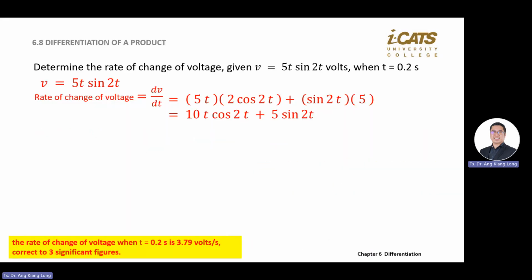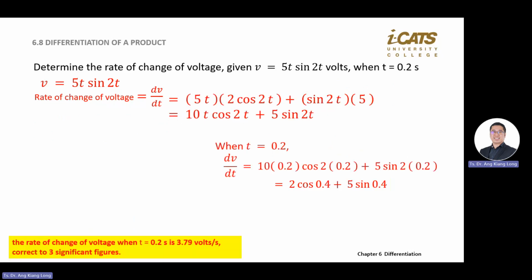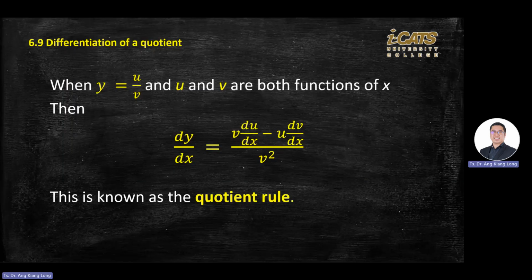Just now it was u dv dx plus, but if you divide, you have to take the v first, and you minus it: v du dx minus u dv dx, divided by v squared. V means the second function, you square it. It's called the quotient rule. You will see this more in aerodynamics, where you need to compare the drag and lift ratio.